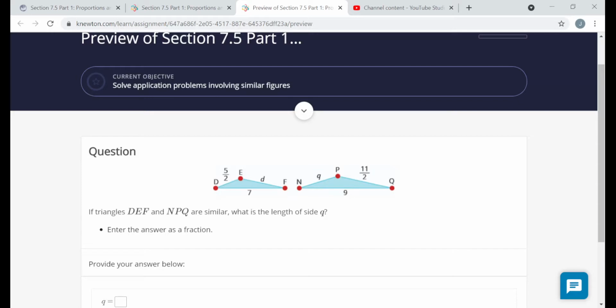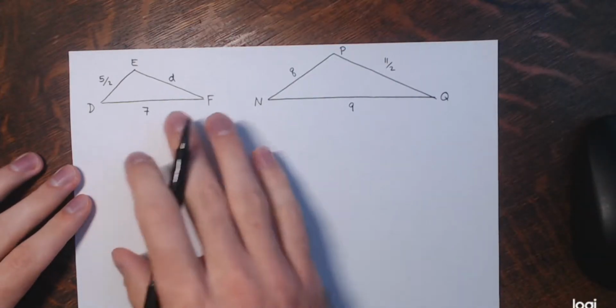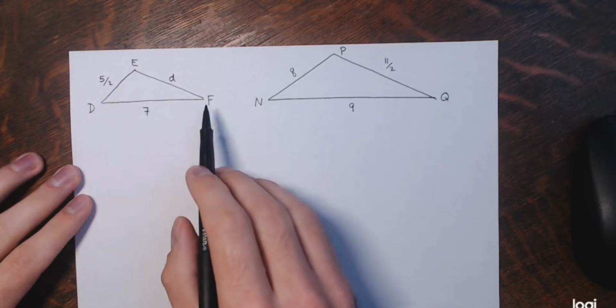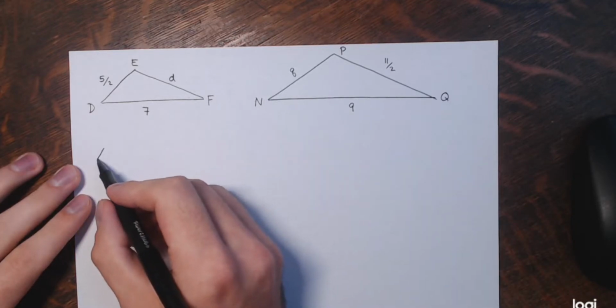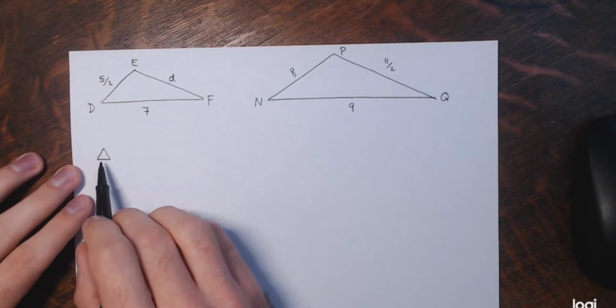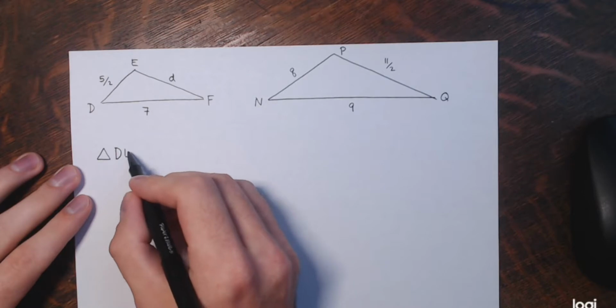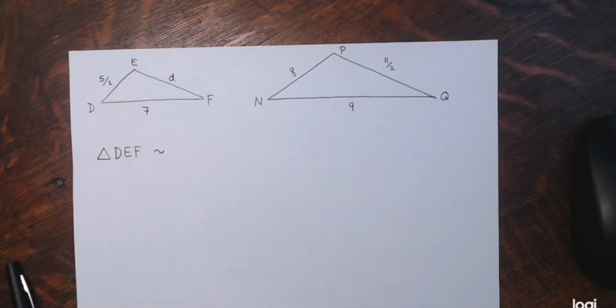So I'm going to draw this up and talk a little bit about what it means for 2 figures to be similar. I did my best to draw some triangles here. We have triangle DEF and triangle NPQ. And they tell us that triangle, this is the symbol for triangle, hopefully it's obvious why, they say that triangle DEF is similar to, and that's what this little tilde symbol means.